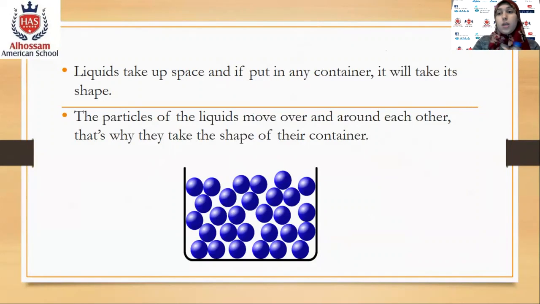Different cups, okay? It will take the shape of the container. As the container looks, the water inside will look the same as the container. Look at the picture here. You see, these are the particles of the water, of the liquid.